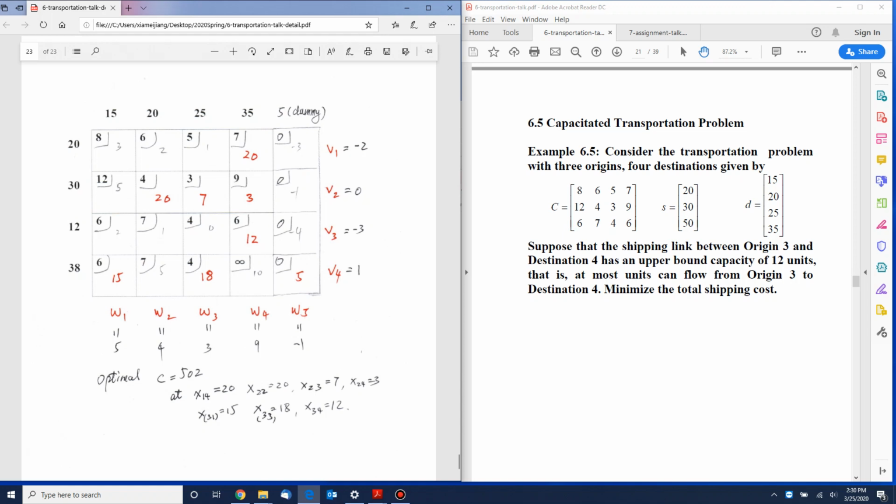So that's how to use the regular way to work on the tableaus.